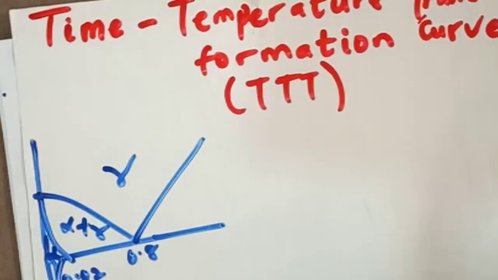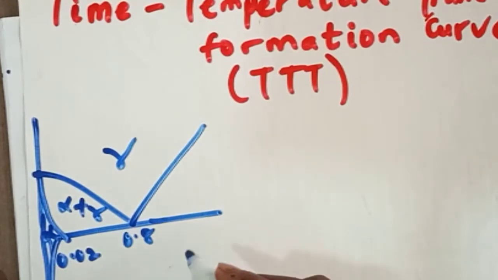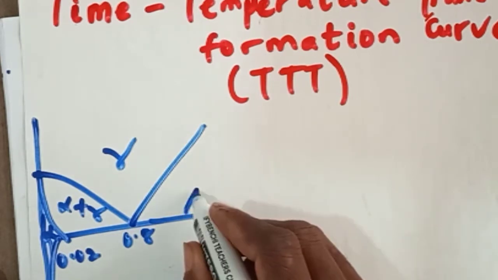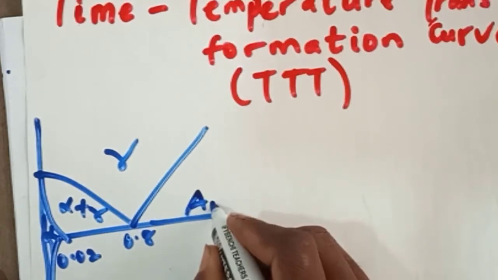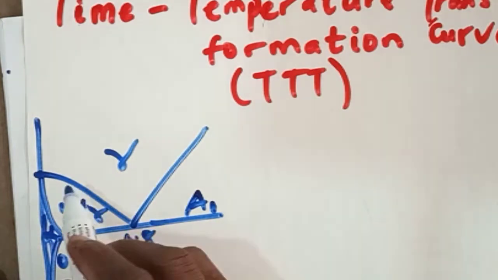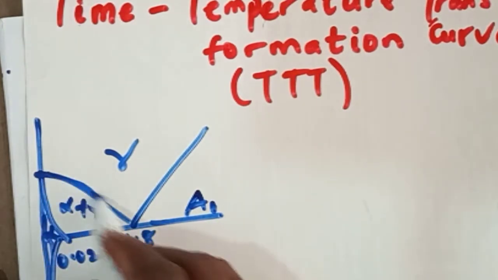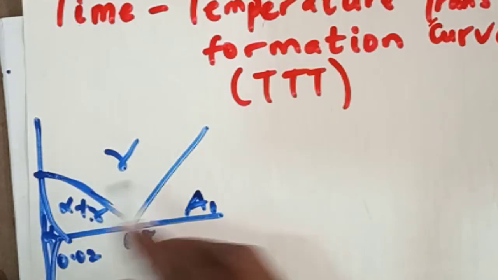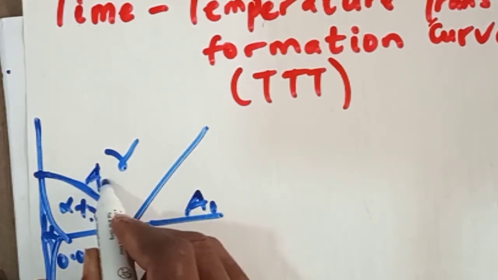Now, in the iron carbon diagram, there is what we call critical temperatures. Now, this eutectoid line is critical temperature A1. Call it A1. While this line that separates the region of single phase and that two phase is called A3 critical temperature.